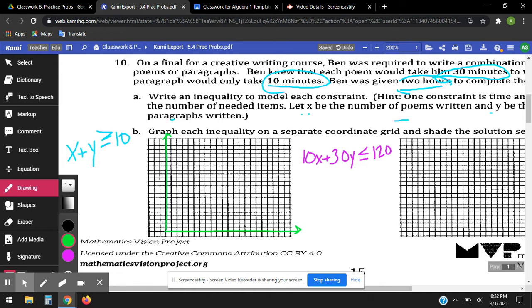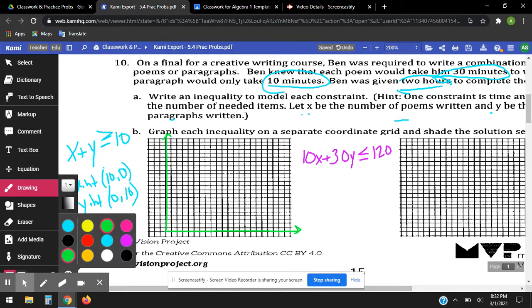So that means my x-intercept is when y is 0. If y is 0, x can be 10, right? That makes it equal. And for my y-intercept, x is 0, then y is 10. So I need to go from 10 to 10.